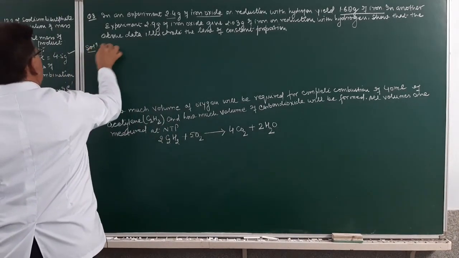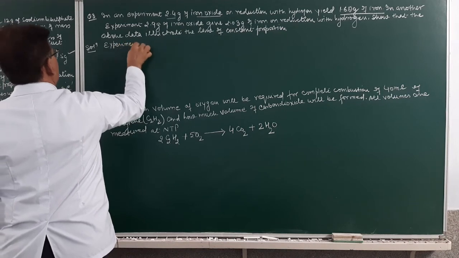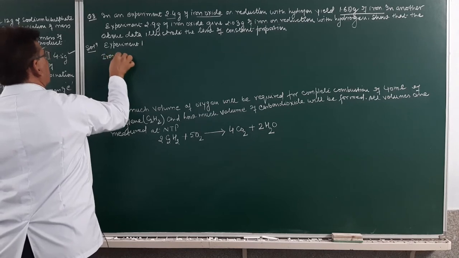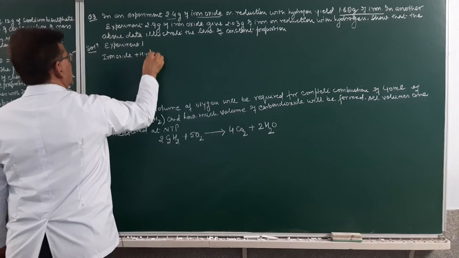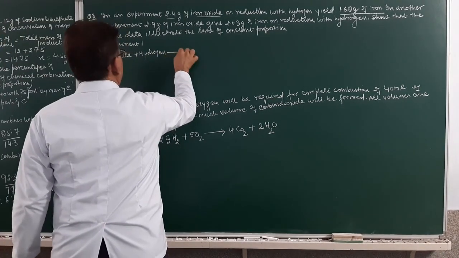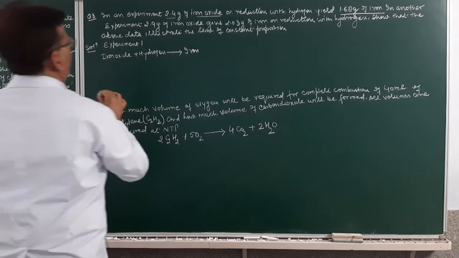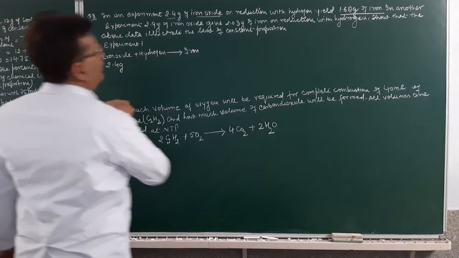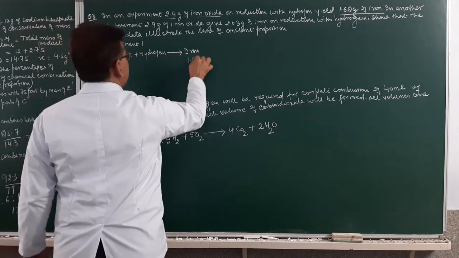If you take experiment 1, we have iron oxide, which when reduced with hydrogen results in the formation of iron. What is the mass of iron oxide? 2.4 gram. On reduction with hydrogen it gives 1.68 gram of iron.